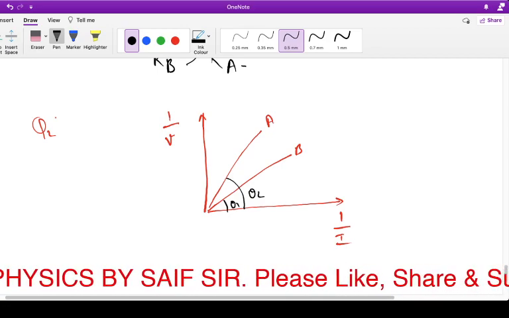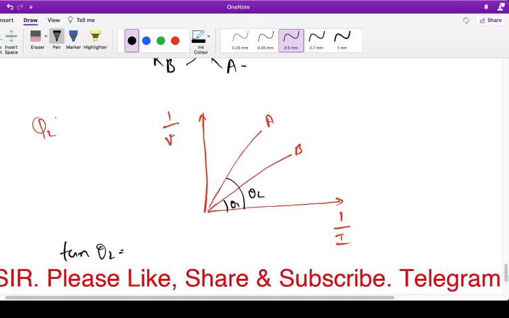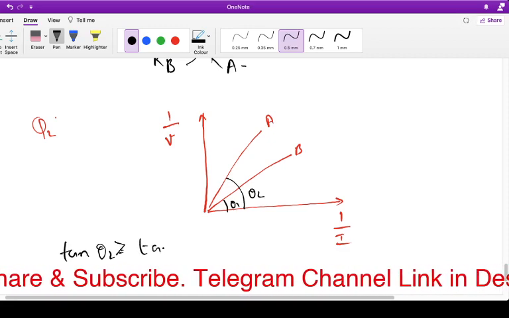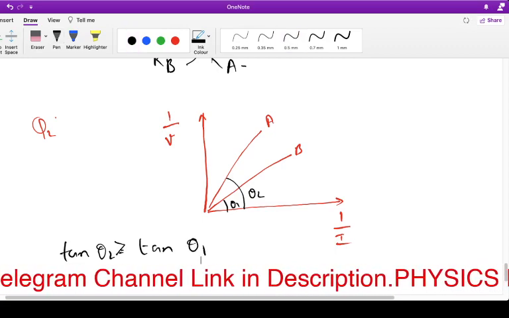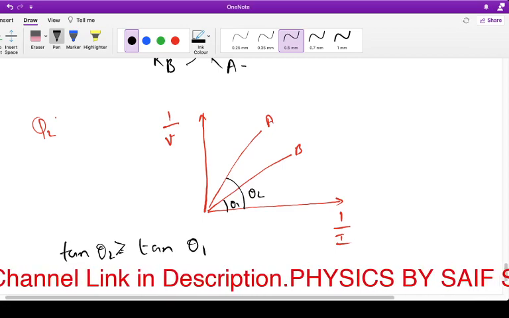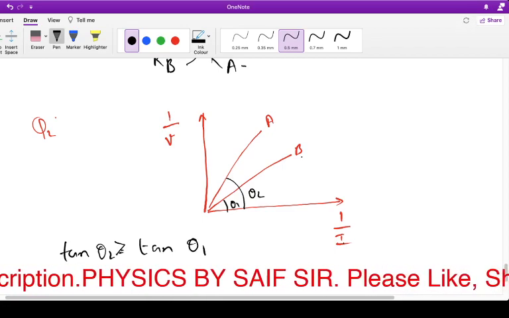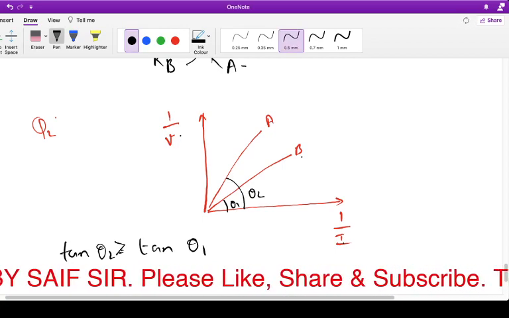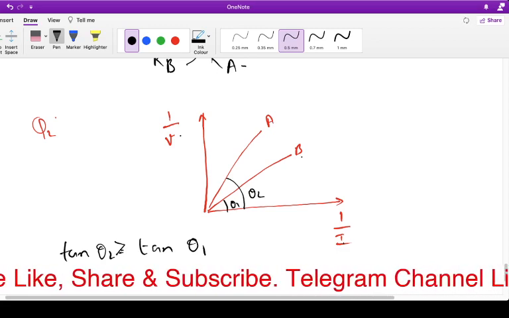You can also write tan theta 2 is greater than tan theta 1. But here the x-axis is 1 by I and the y-axis is 1 by V. We have to concentrate on the coordinates also. If we neglect the coordinates, your answer will become wrong and you will lose your point.